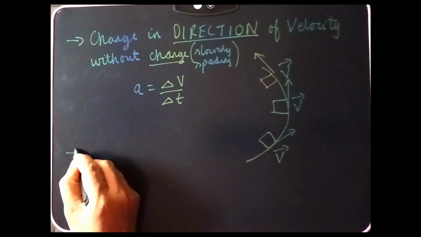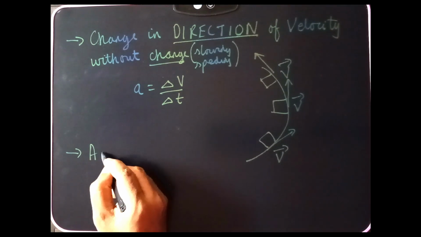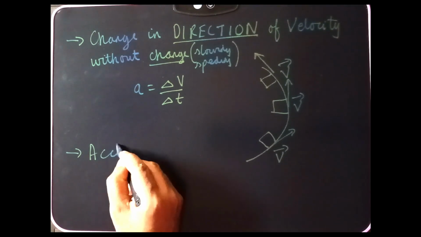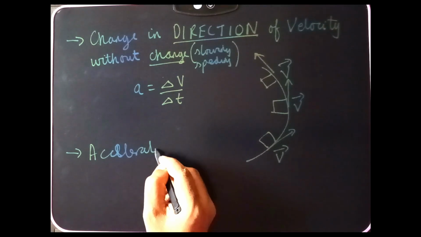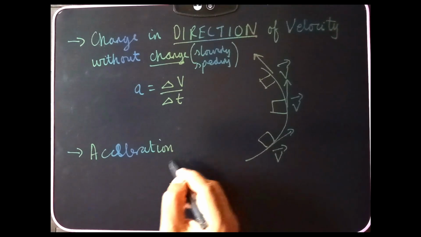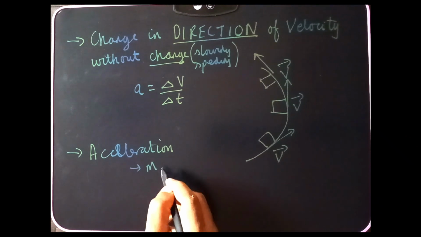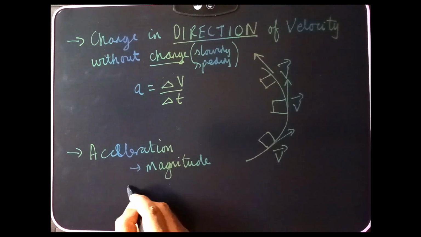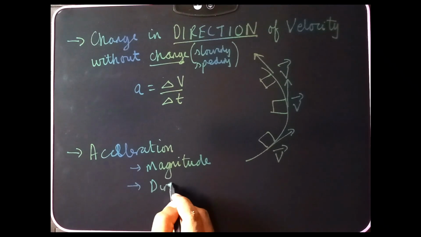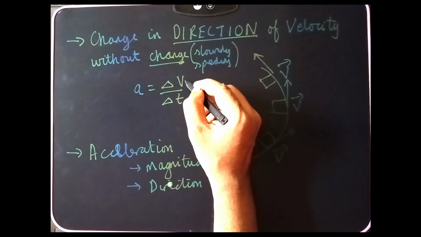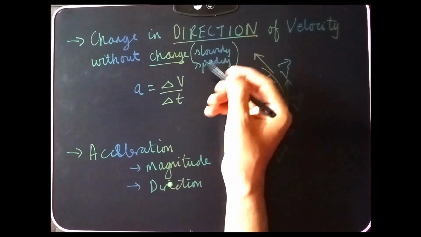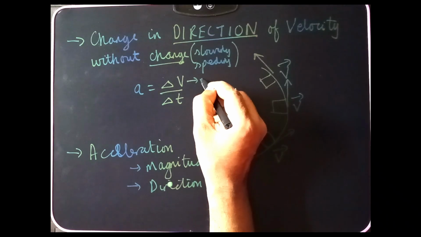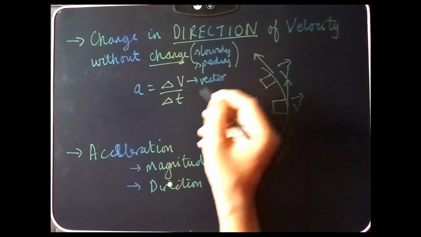Now we know that acceleration has magnitude and it has direction as well, right? Because change in velocity is defined as a change in position, which is a vector quantity, and time is a scalar.